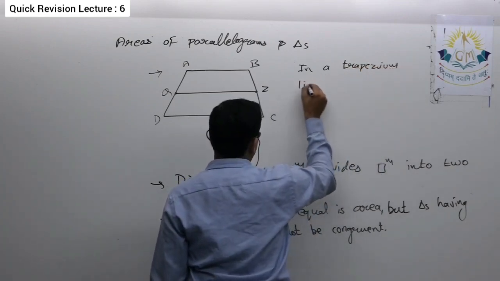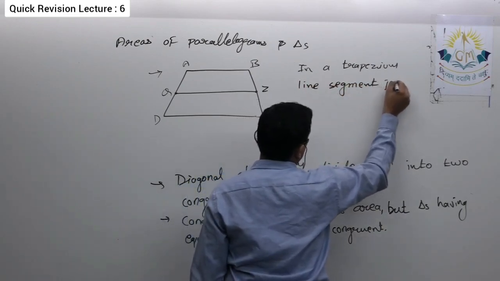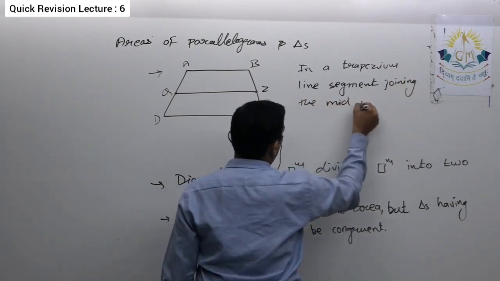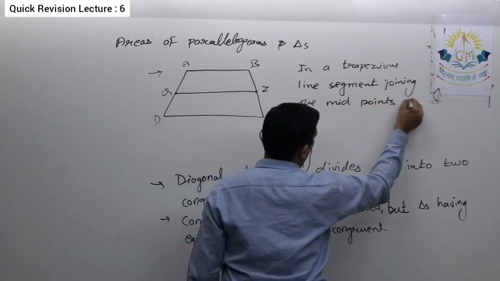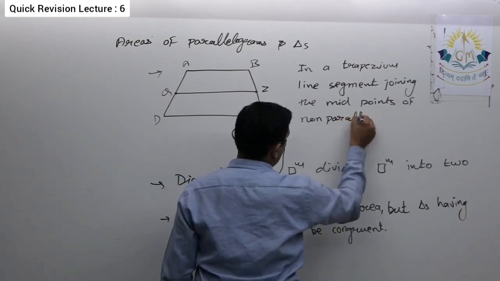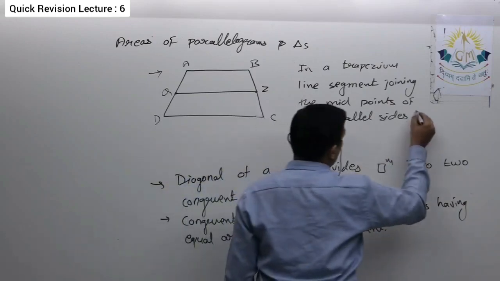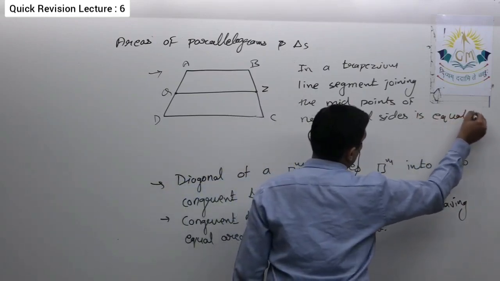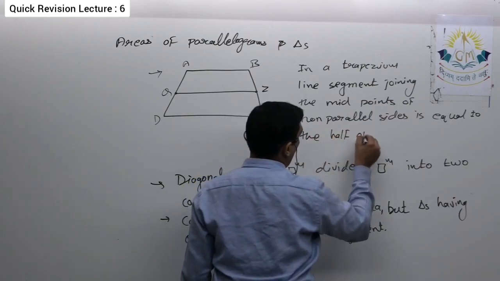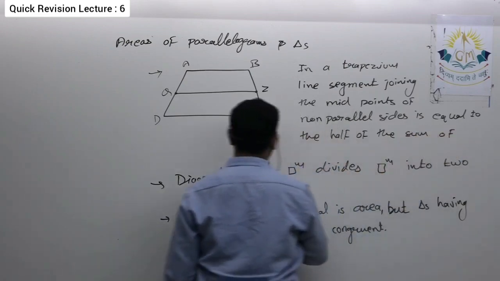So this is the next result in a trapezium: the line segment joining the midpoints of the non-parallel sides is equal to half of the sum of the parallel sides.